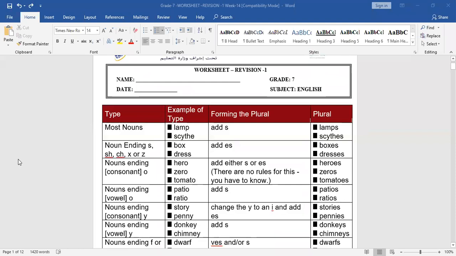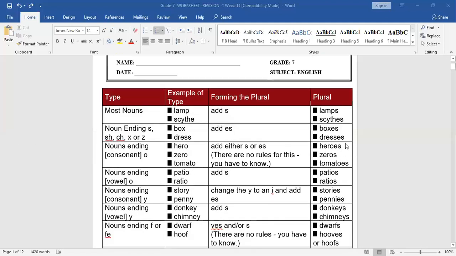Nouns ending in s, sh, ch, x, or z. If they end in these letters, how can we make their plurals? By adding es, like boxes, dresses. So this is another exception.